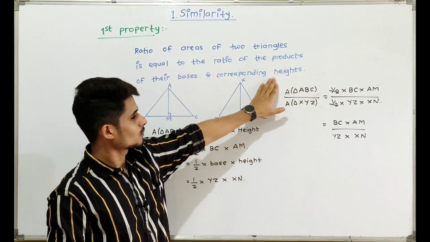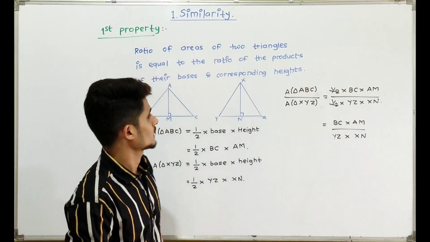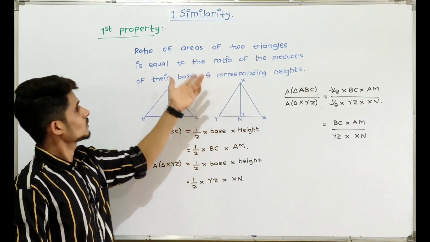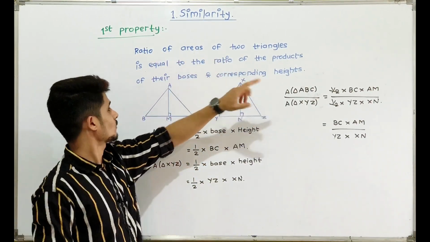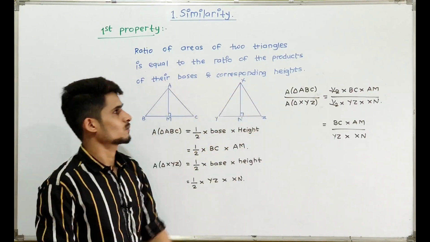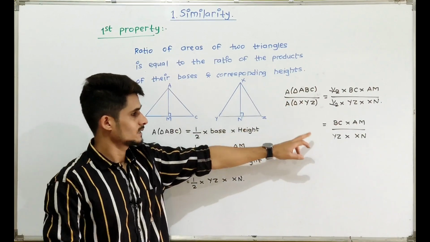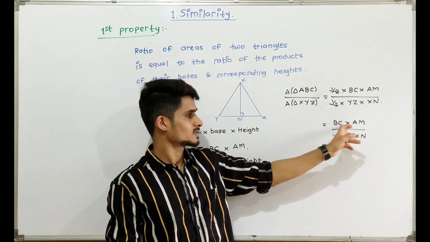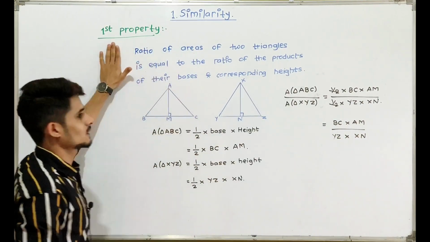So according to the property we have solved an example. Now it is easy to understand. The ratio of areas of two triangles is equal to the ratio of product of their bases and corresponding heights. So this was property number 1.